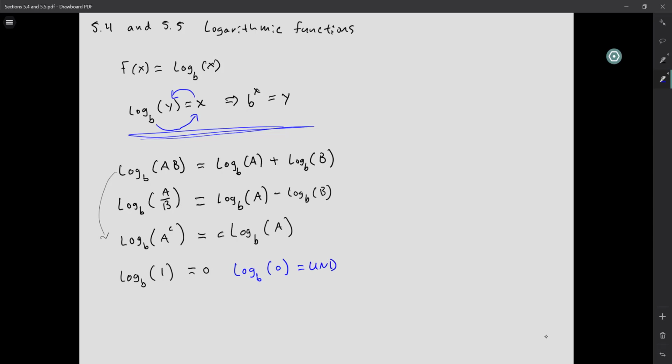In fact, the logarithm only exists for positive values, because that comes right up here. I can't raise a positive number to an exponent and expect to get a negative number as a result. Now let's finish this up. Log base b of b will be equal to 1, because this is saying b to the power of 1 is equal to b, which is a true statement.